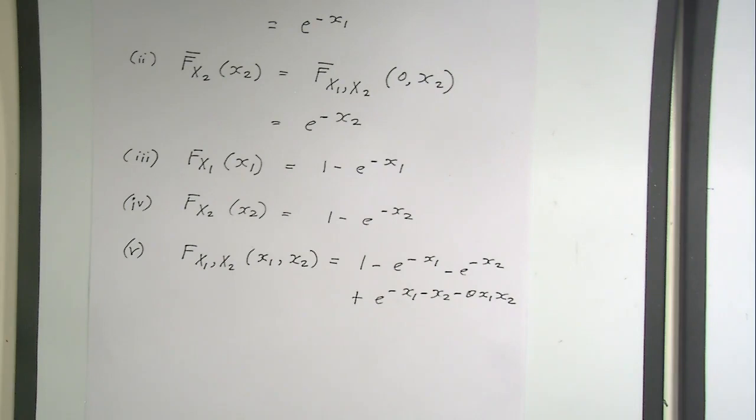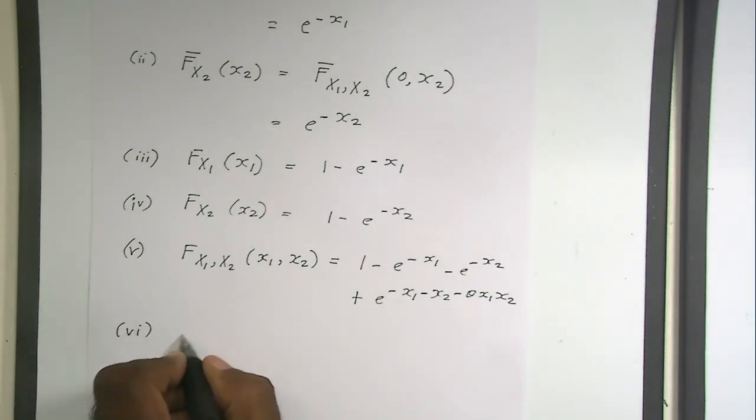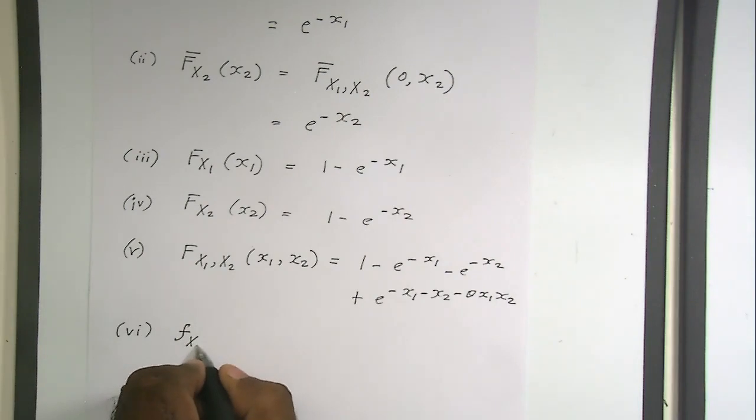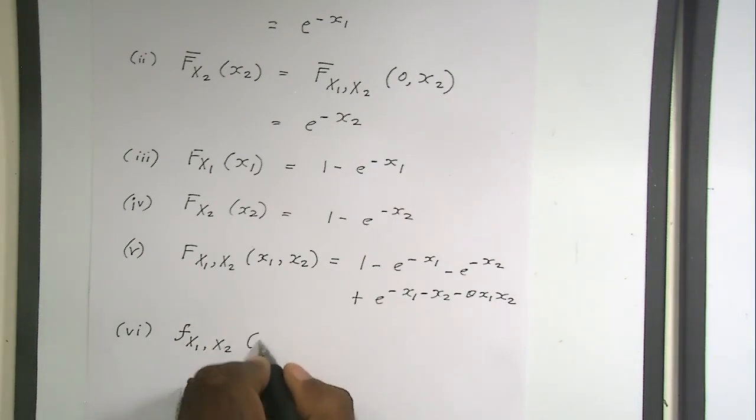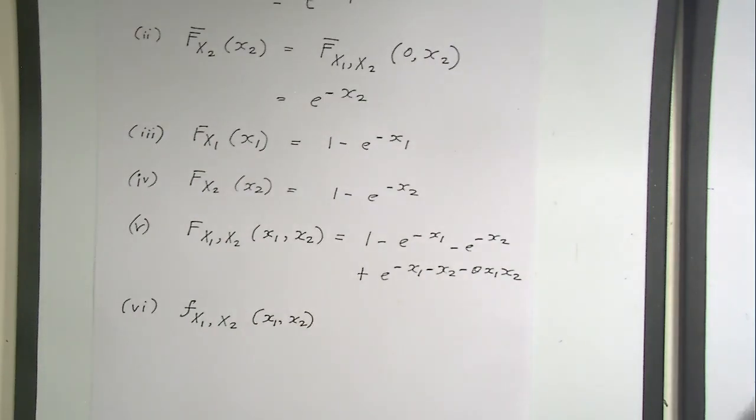Now the last part is to find the joint density. To find the joint density, you can either use this or use, which one would you prefer, this one or this one? In this case, which one? Will you use this formula or this formula, and why? The bottom one, yeah, because you remember the f bar is simpler.